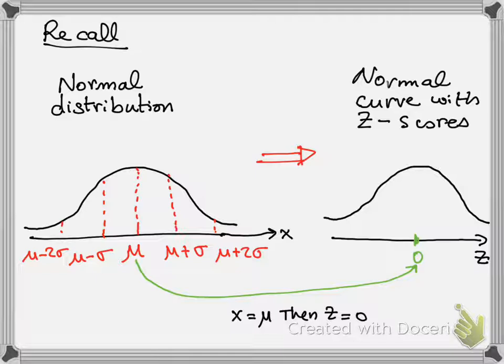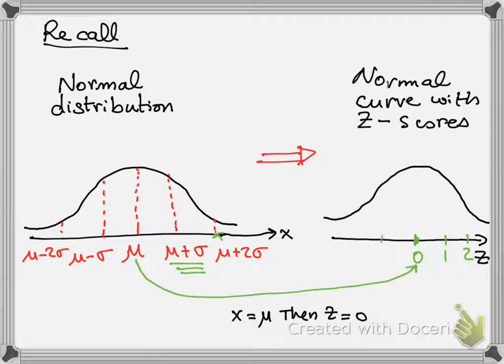If x is equal to mu plus sigma, that's one standard deviation away from the mean, then z is equal to 1. If x is equal to mu plus 2 sigma, that's 2 standard deviations away from the mean, then z is equal to 2 here.